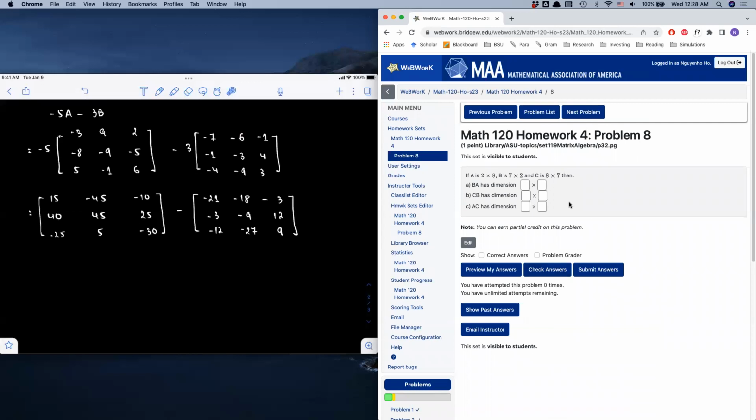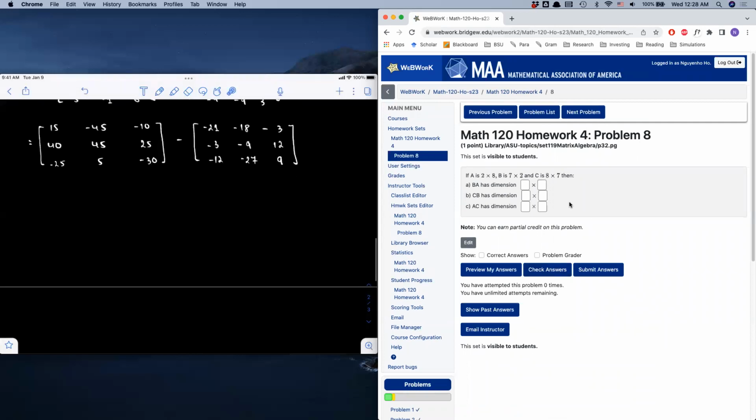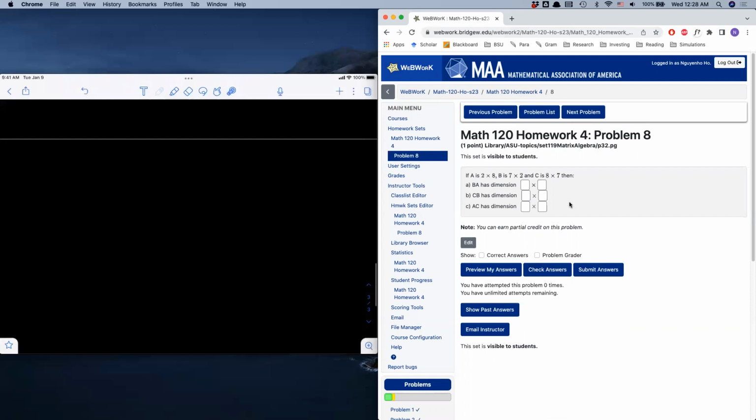Right. So in this problem, we want to know the dimensions of the matrices that you're dealing with, and the dimension of the product. Right. So for B times A, B is a 7 by 2 matrix, and A is a 2 by 8 matrix.